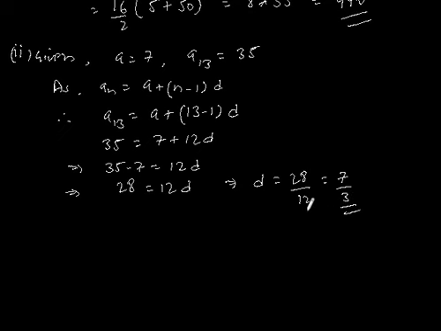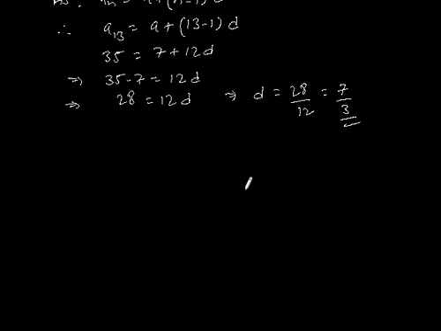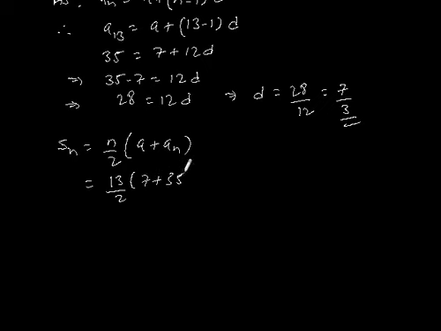Now let's find out Sn. Sn is equal to n by 2 into first term and the last term. Putting the value, n is equal to 13, so 13 by 2 into 7 plus 35.